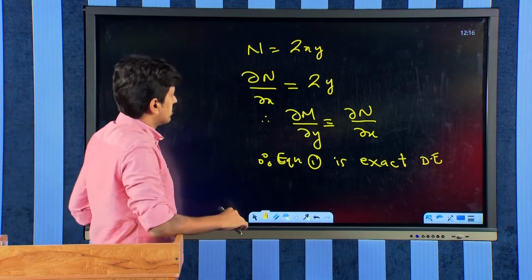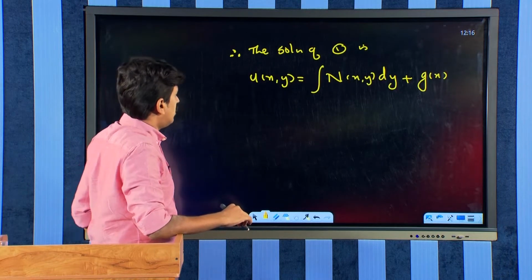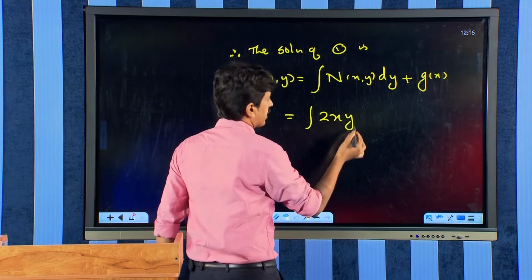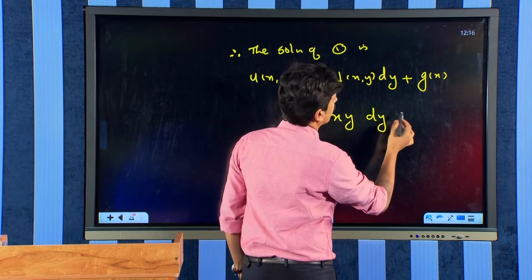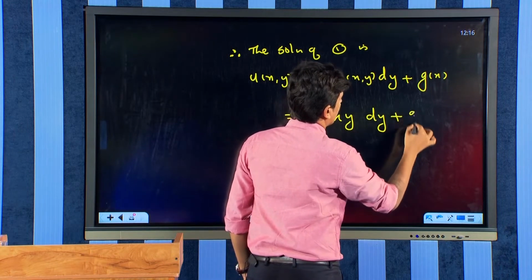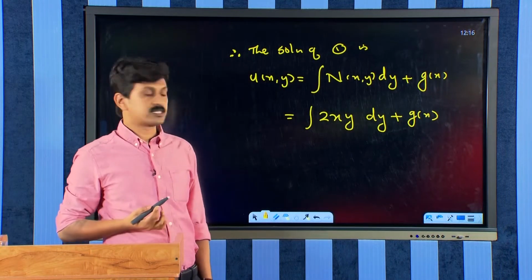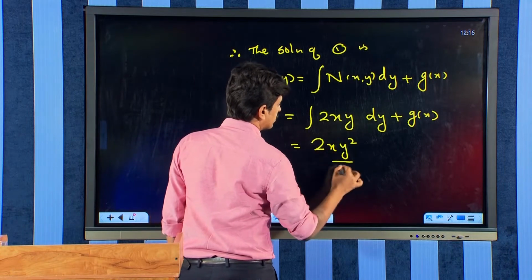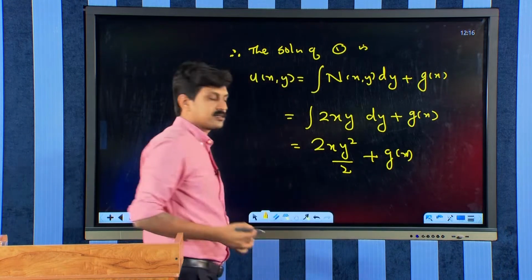We all know N(x,y) is 2xy. So this is equal to integral of 2xy dy plus g(x), that is equal to 2xy square by 2 plus g(x).